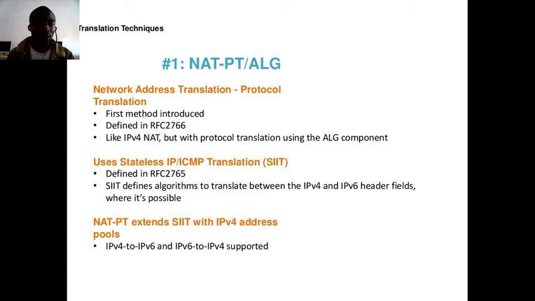And this technology is defined in request for comments 2766. And it works just like the NAT that we saw in IPv4. So if you understand how the NAT in IPv4 works, then you certainly understand how this one works too.